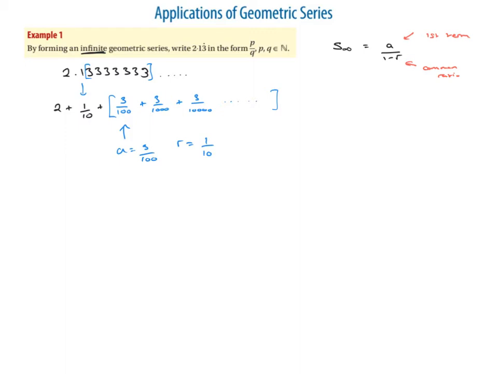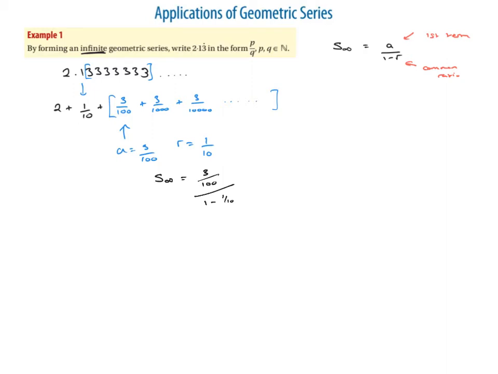Okay, so let's have a look. We can put S to infinity is equal to my a, which is 3/100, divided by 1 minus r, so 1 minus 1/10, and you just get your calculator, guys, and work that out.